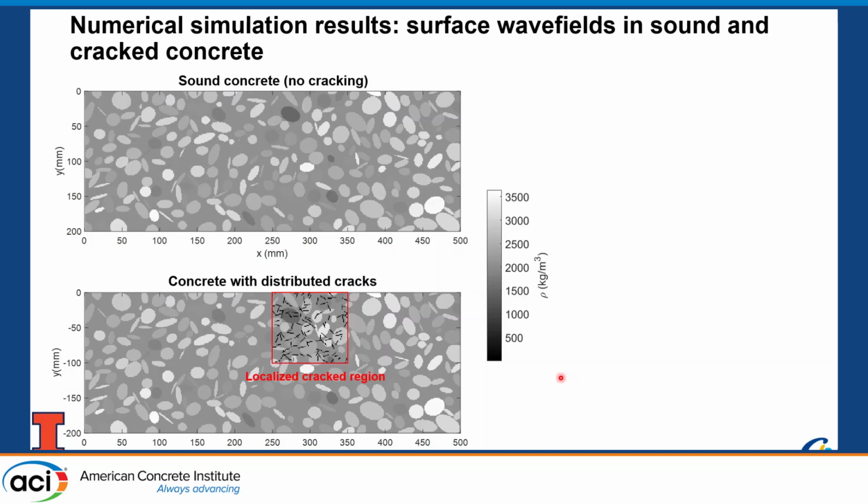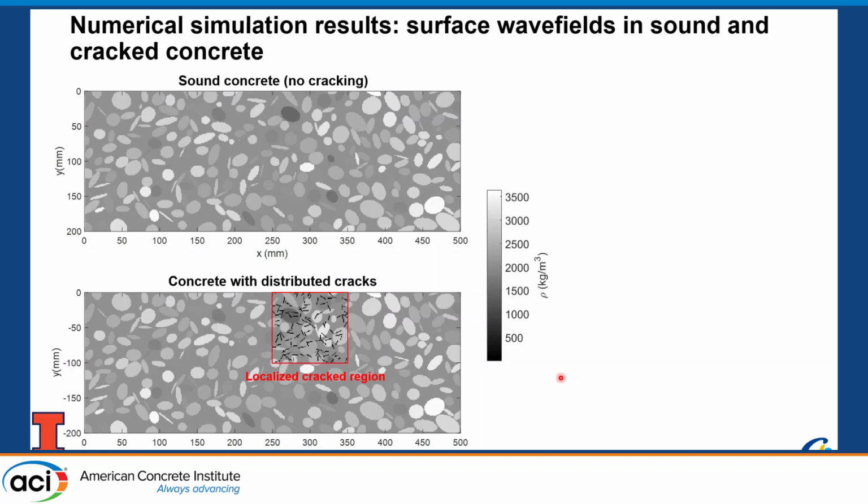These are dynamic finite element simulations, but the idea is to give you an idea of how we go about it. It's a little bit complicated to pull this information from the very complicated wave interaction that's happening. The top is undamaged concrete, but it has an array of aggregates in there which also scatter the data.